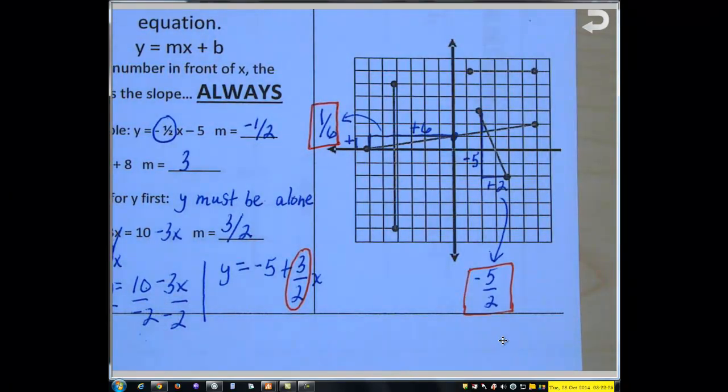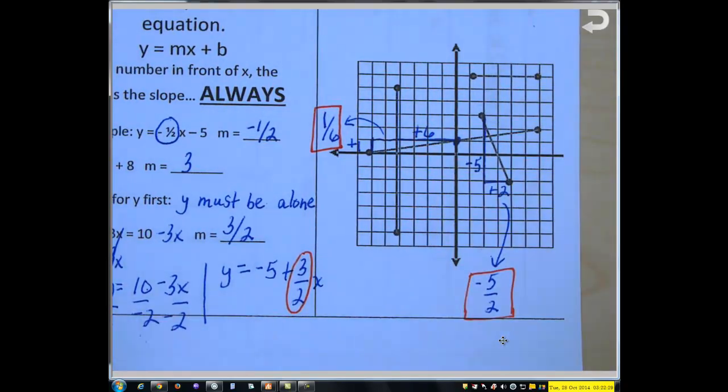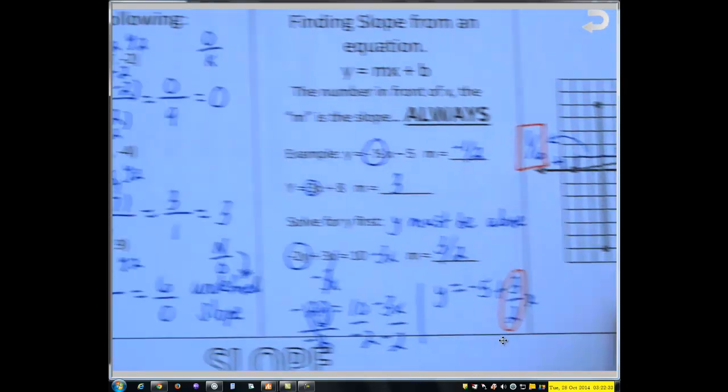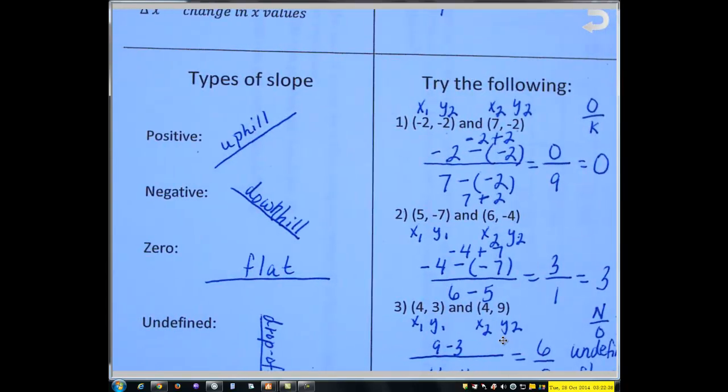Okay, so now we need to look at the horizontal line and the vertical line. So let's look at our different kinds of slope.